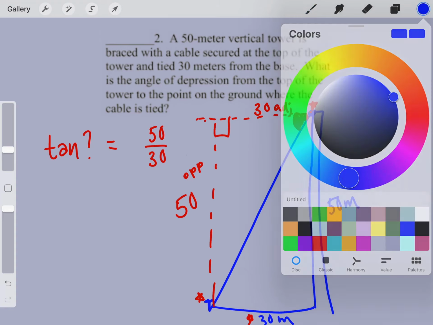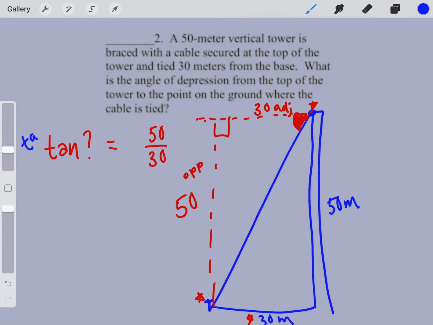To solve that, we want to take the inverse tangent of both sides. That gets question mark isolated on this side, and then we just have to calculate what's the inverse tangent of 50 over 30. Now 50 over 30 you can reduce to just 5/3, or you can keep it 50 over 30.